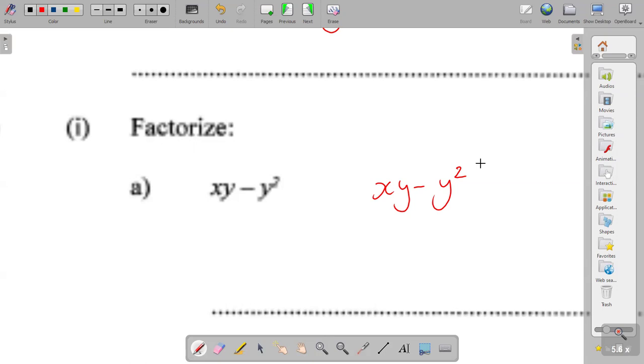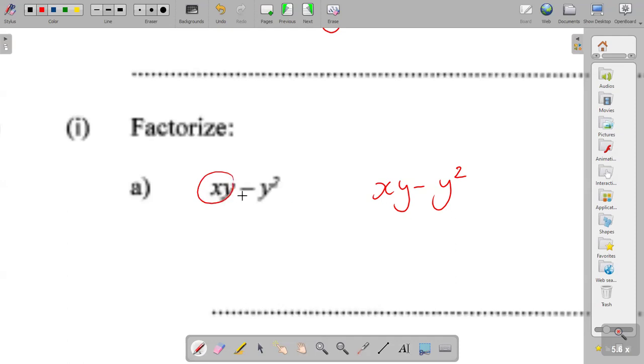Which one is it? The answer is distributive.